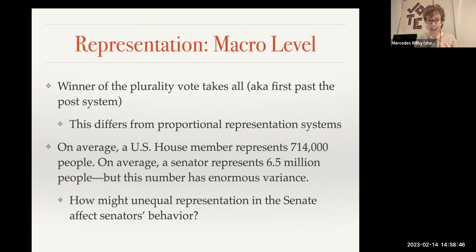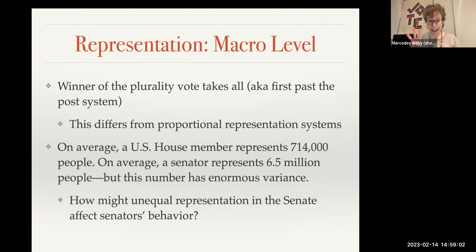So currently, now that we elect our senators directly, for both the Senate and the House, the winner of the plurality vote wins. What's a plurality vote? Basically means that the person with the most votes for them wins.